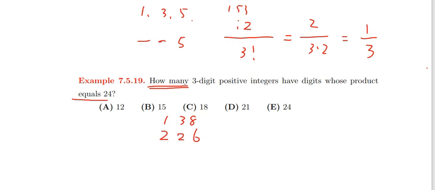Okay, so here let's factor 24. So 24 is equal to 2 times 2 times 2 times 3, or we also can put 1s, or even we can put 2, 1 is okay, 3, 1 is okay.